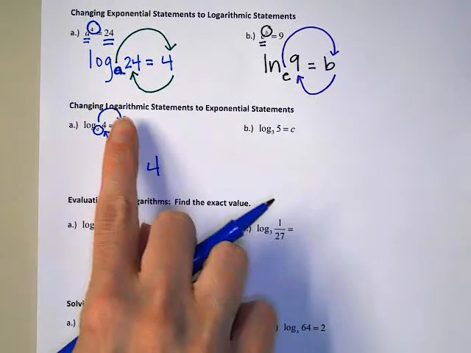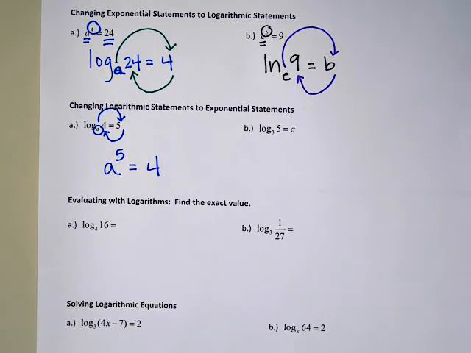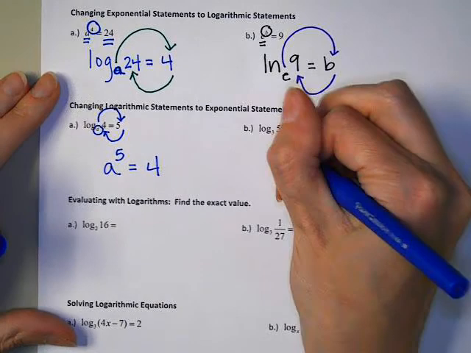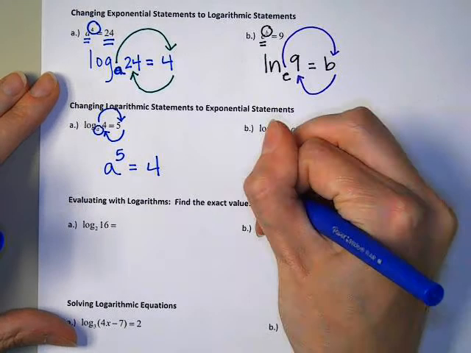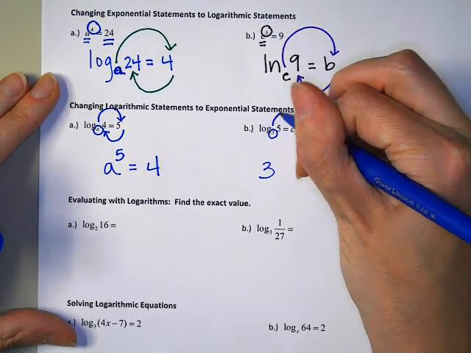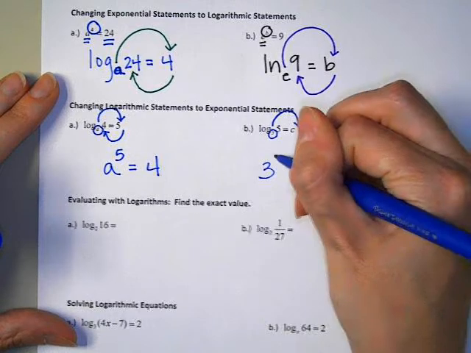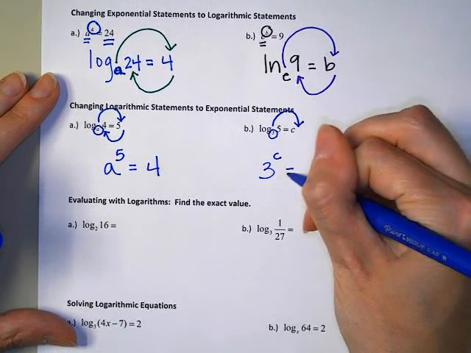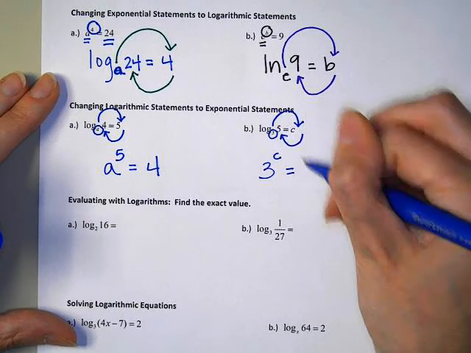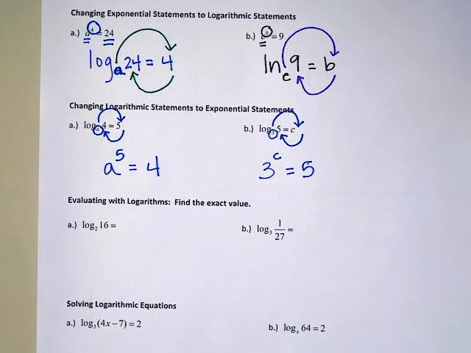Okay, so A to the 5 equals 4. And now this one, the base is 3. The exponent is the answer here, C, and it's going to equal back to the 5. All right, so that's the conversion between the two.